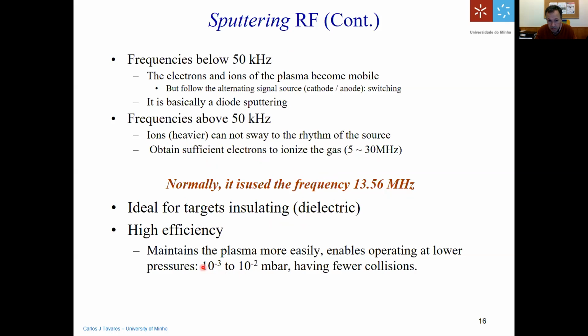It will orientate the plasma more closely to the target, and it also enables operating at lower pressures, in the range of 10 to the minus 3 to 10 to the minus 2 millibar. This range of pressures is very important because people who work on sputtering normally work within this range. Compared to atmosphere, it's between 100,000 and 1 million times lower than atmospheric pressure.